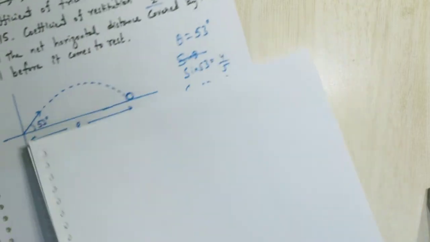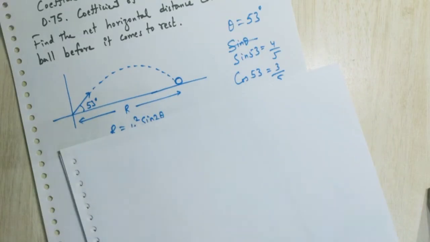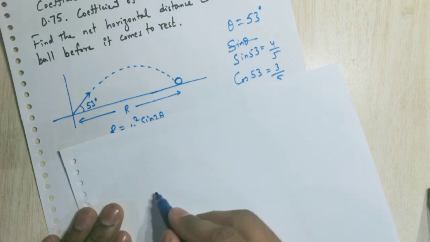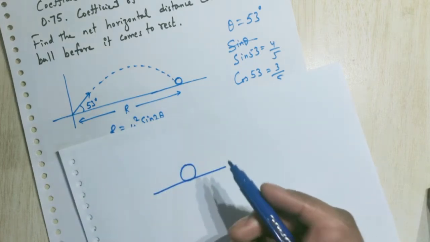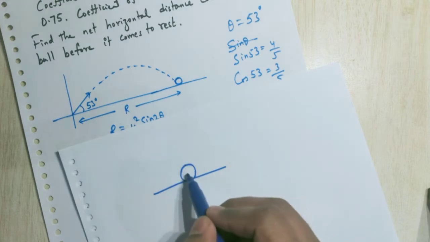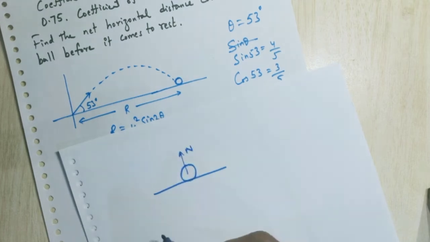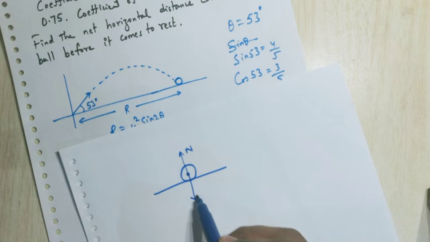So let us analyze, when the ball hits the ground, what are the different forces acting on it. For that we'll draw the free body diagram of the ball. When the ball hits the ground, the forces acting on it are, one, the normal reaction from the ground, and another, the weight of the ball.